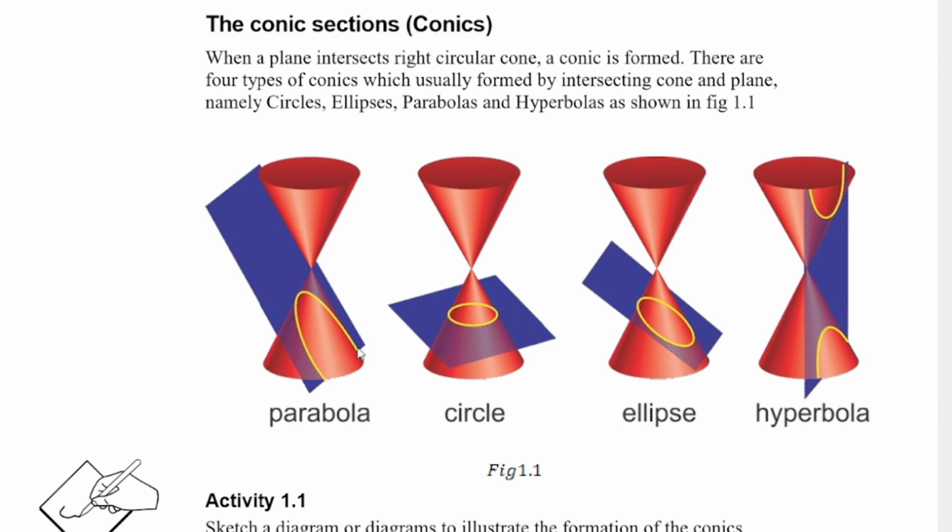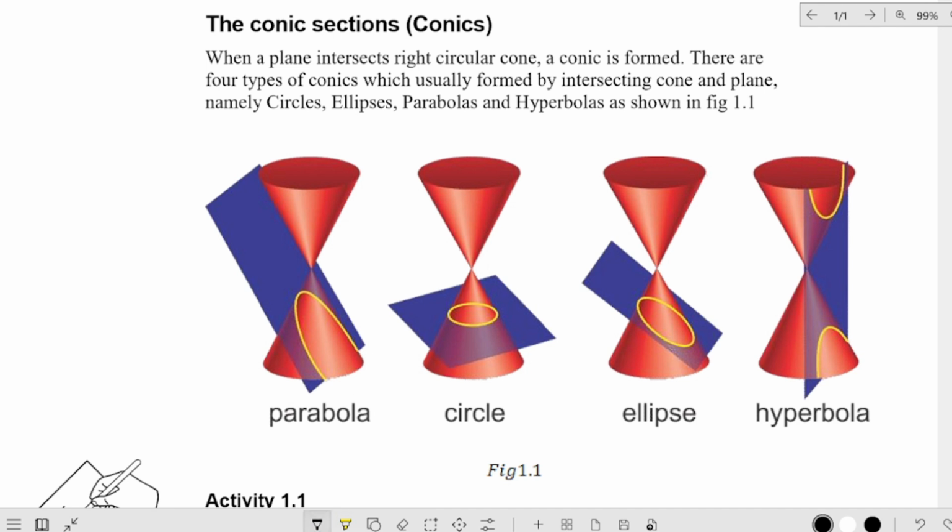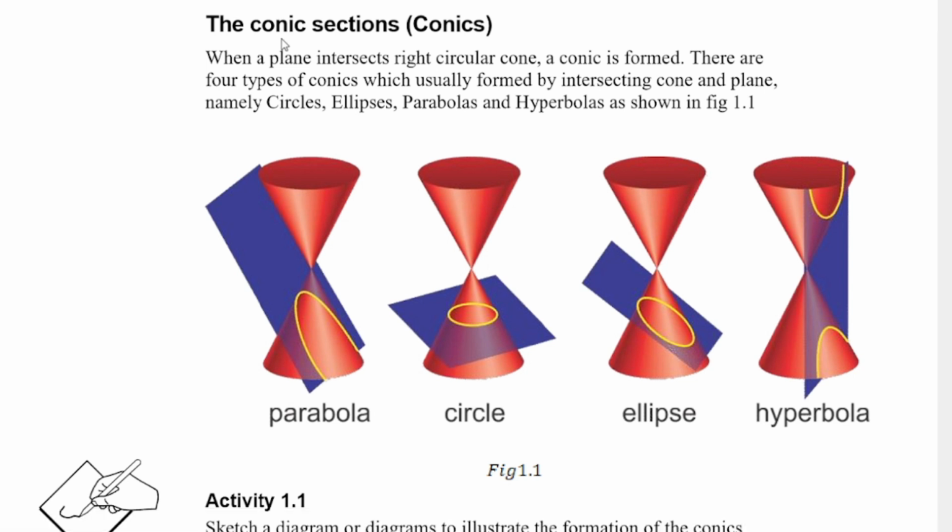So if you have this, it's called a double napped cone. Okay, so that's what we are trying to talk about here. When a plane intersects a right circular cone, a conic section is formed as per the definition given here.